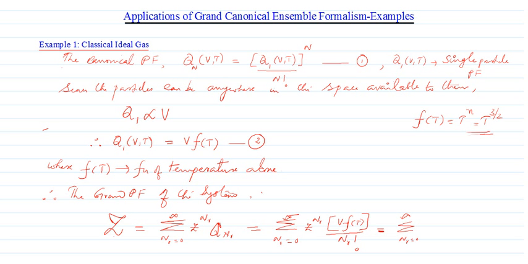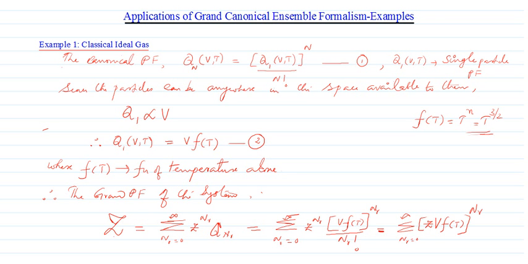So now both z and the second term have raised to N_r, so I can just club it together and I'll be writing this as equal to, I'm taking the z inside the bracket, z V f of T whole raised to N_r divided by N_r factorial.